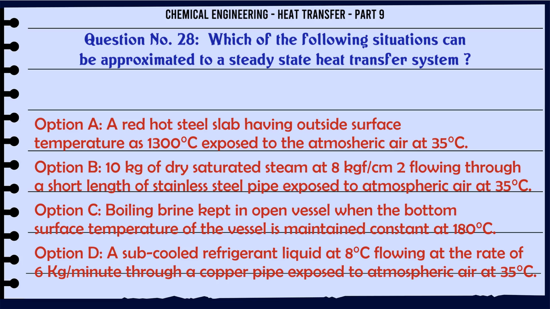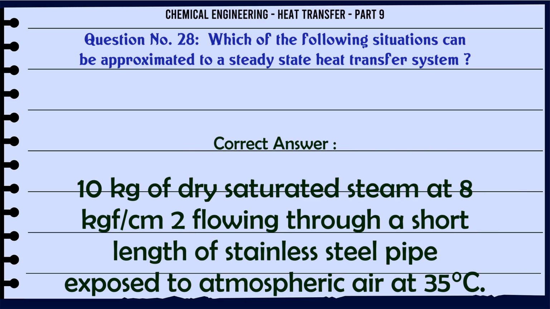A. A red-hot steel slab having outside surface temperature as 1300 C exposed to the atmospheric air at 35 C. B. 10 kg of dry saturated steam at 8 kg per cm2 flowing through a short length of stainless steel pipe exposed to atmospheric air at 35 C. C. Boiling brine kept in open vessel when the bottom surface temperature of the vessel is maintained constant at 180 C. D. A subcooled refrigerant liquid at 8 C flowing at the rate of 6 kg per minute through a copper pipe exposed to atmospheric air at 35 C. The correct answer is 10 kilograms of dry saturated steam at 8 kg per cm2 flowing through a short length of stainless steel pipe exposed to atmospheric air at 35 C.